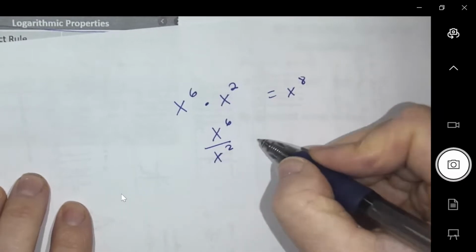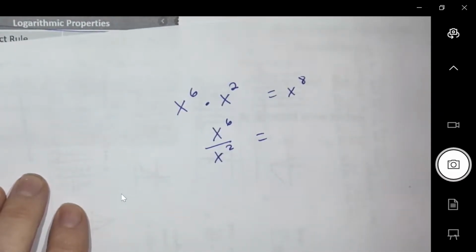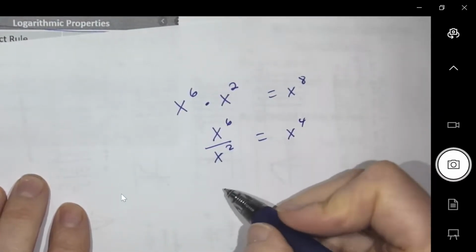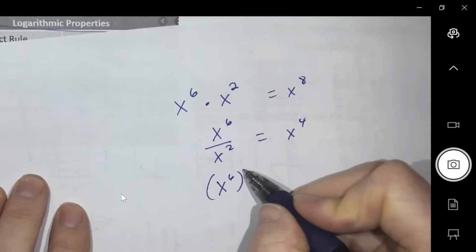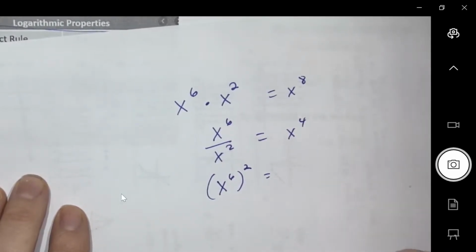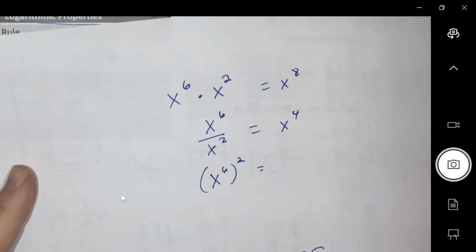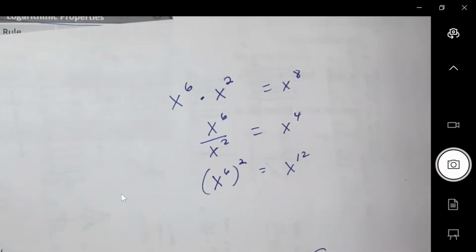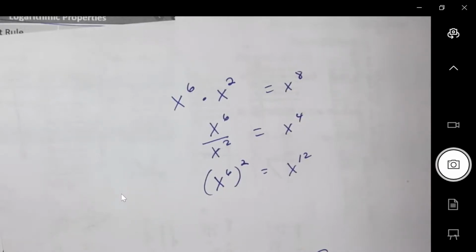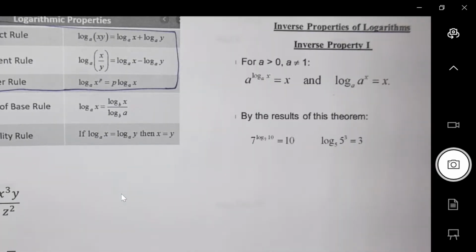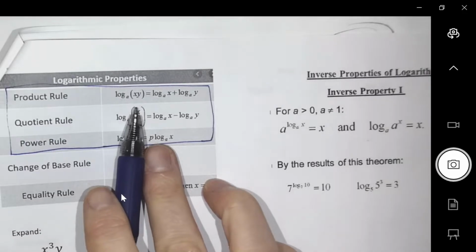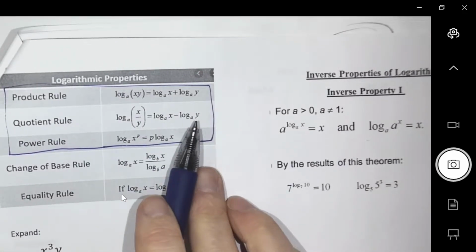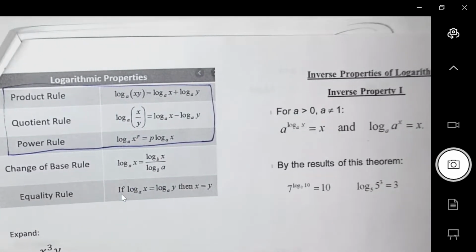If this was dividing, what did you do with the exponents? Subtracted them. If this was a power, what did you do with the exponents? Multiplied them. Is that not just the exact same thing as the log rules, right? Okay, it's the exact same thing. So multiply changes to add, division, subtract, exponents, multiply.